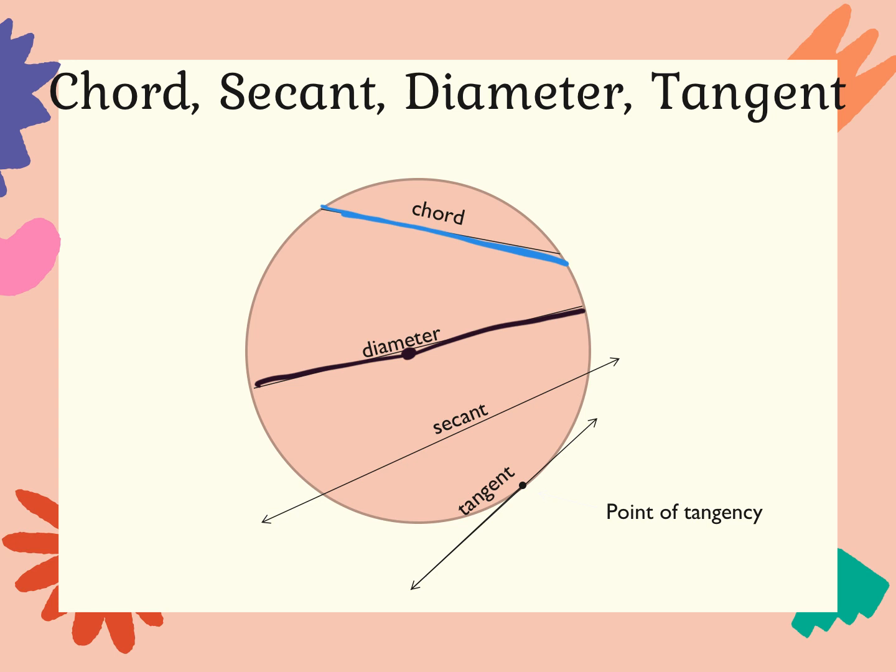And then we have our secant here, and notice it's hitting our circle at 2 points, and it's a line. And then we have our tangent line, which is going to just skim the side of the circle and only touch it at 1 point. And that 1 point where this tangent line hits it is called the point of tangency.